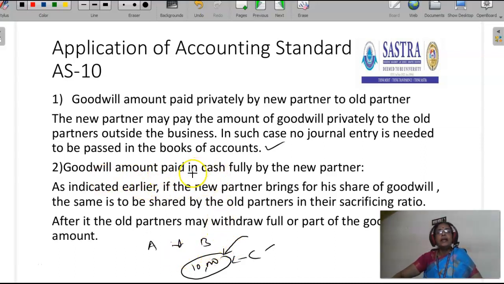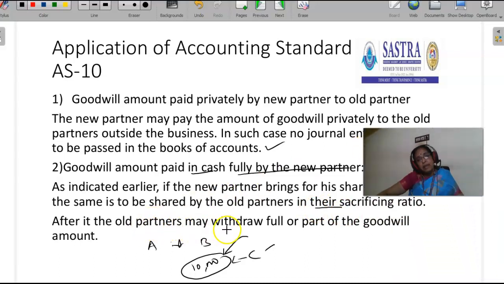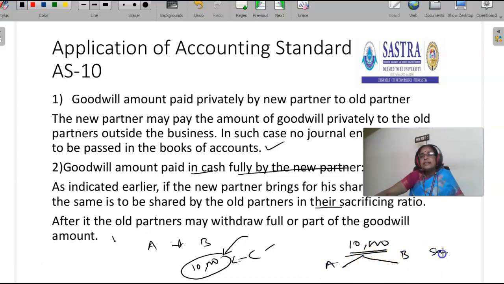Second one, goodwill amount paid in cash fully by the new partner. As indicated earlier, if the new partner brings his share of goodwill, the same is to be shared by the old partners in their sacrificing ratio. Afterwards, the old partners may withdraw full or part of the goodwill amount. He brings cash of 10,000 rupees. That 10,000 rupees should be distributed among the old partners in their sacrificing ratio.